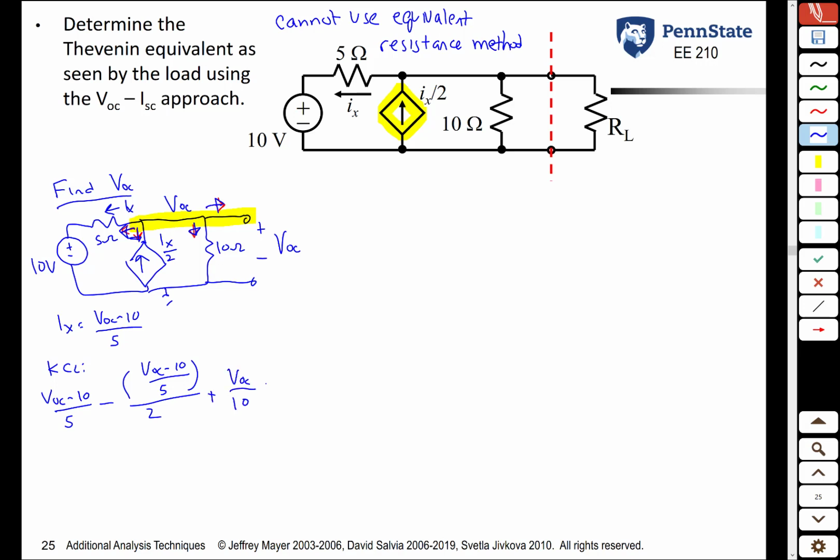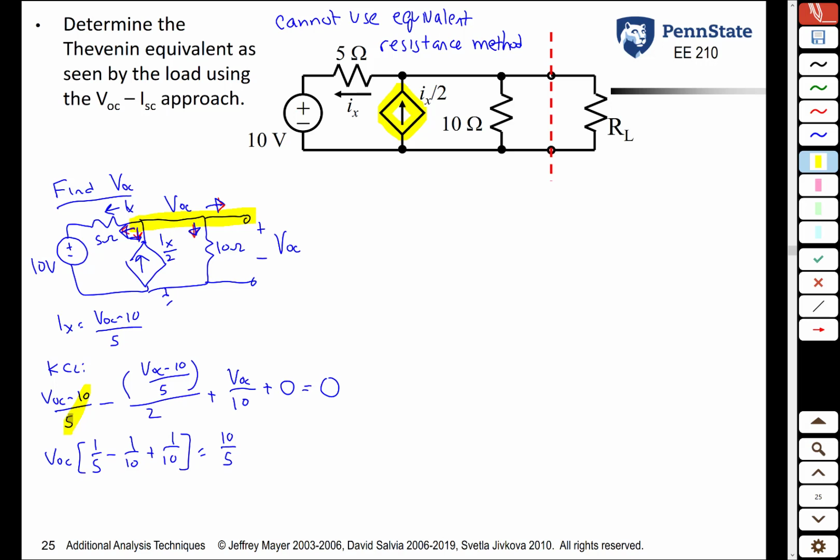And this current, of course, is 0. The sum of those currents has to be 0. We solve for VOC. We get VOC times 1/5 minus 1/10 plus 1/10 equals, on the right-hand side, we get 10 over 5. 10 over 5, that's that.